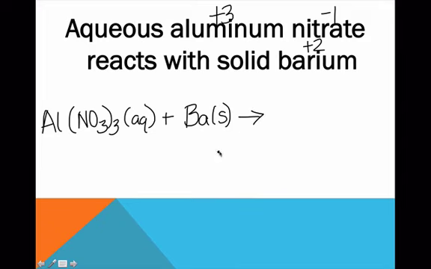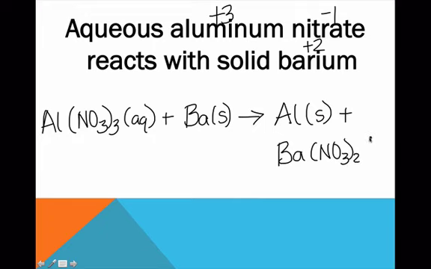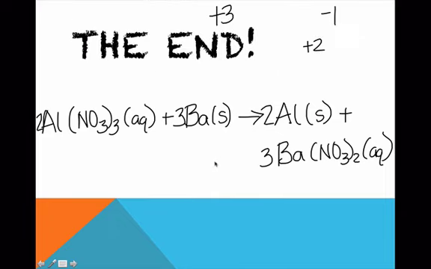I look on my list and I see that barium is higher up on the list than aluminum, so barium is going to come in and kick the aluminum out by itself. So we're going to end up with solid aluminum plus the barium is going to join with the nitrate, and it's going to be aqueous. So then to balance, we would do this. So there's your final balanced reaction.